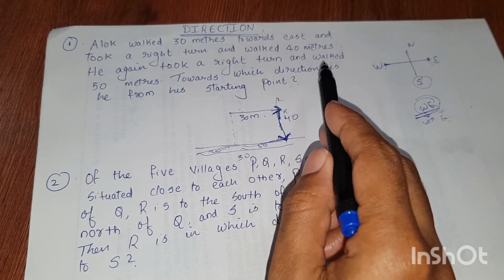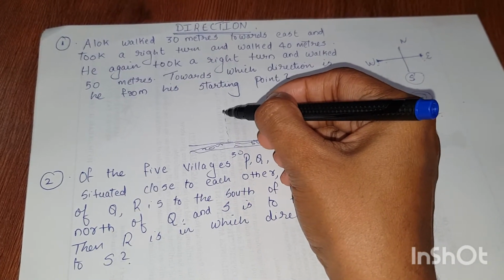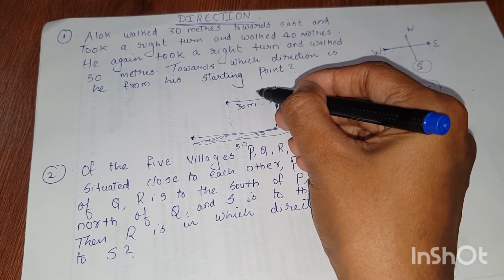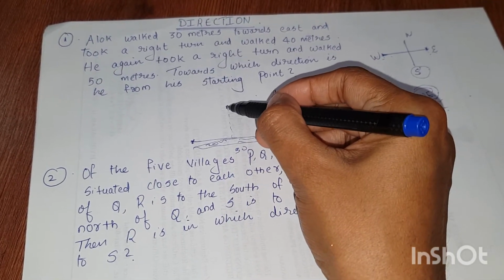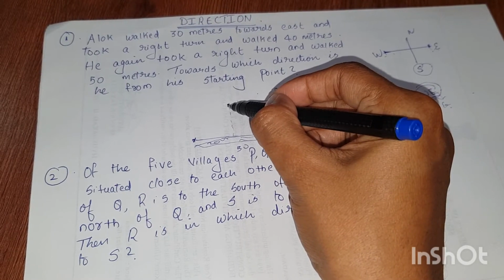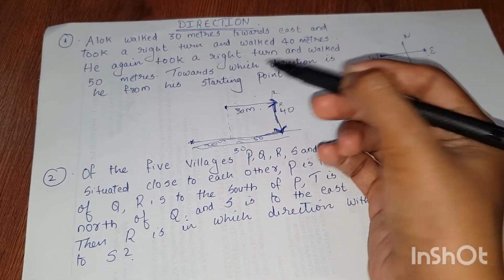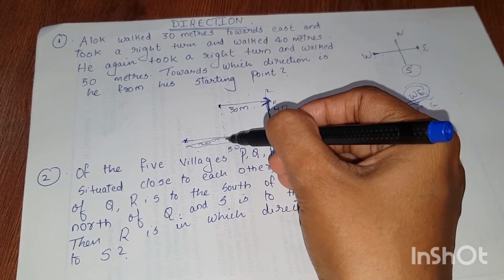Towards which direction is he from his starting point? His starting point is this and his ending point is this. So from his starting point, which direction is he facing? He is facing southwest, because in the bottom it is the south direction, but it is not exactly south.